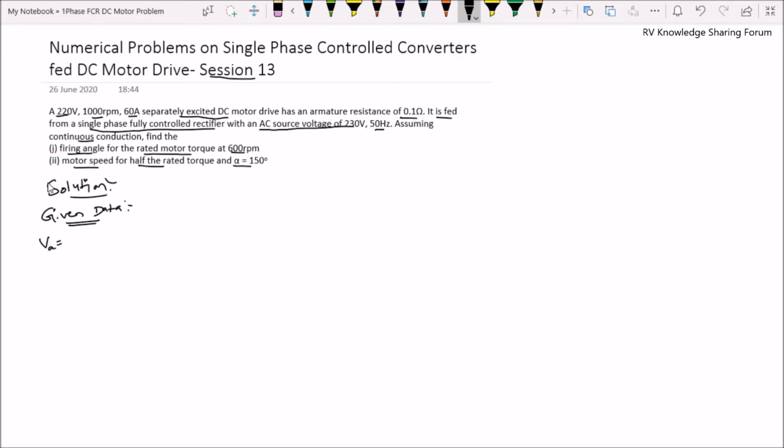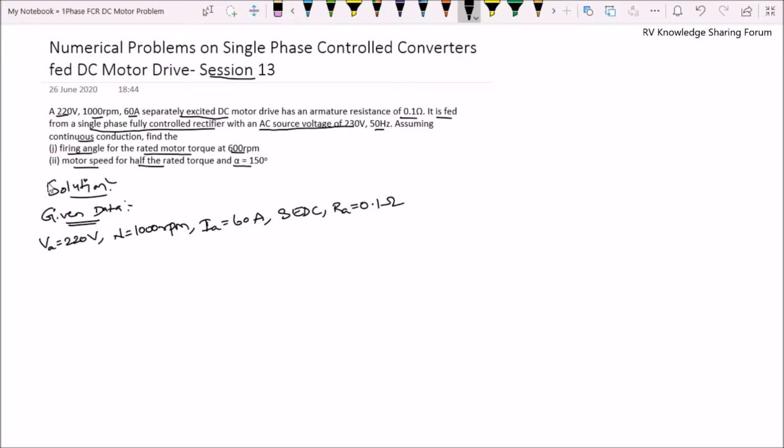Here the armature voltage is given as 220 volts and the speed is given as 1000 rpm, and the armature current is given as 60 amps, and the type of the DC motor is a separately excited DC motor drive which has an armature resistance of 0.1 ohms.